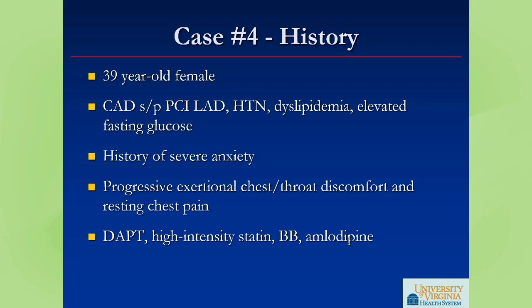And so the question was whether all of these symptoms were due to her anxiety or whether she indeed had progression of her coronary disease. So she was currently taking dual antiplatelet therapy, high-intensity statin, beta blocker, and amlodipine.